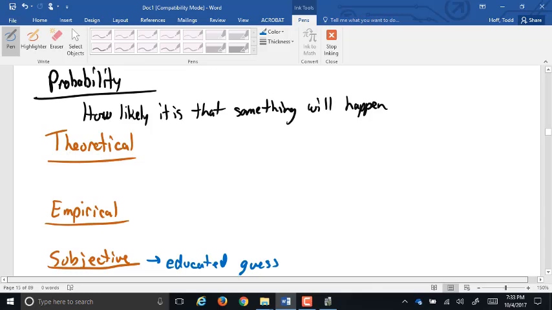Now, I don't want to get too far into gambling, but gambling is one of your better applications of probability. When they give you the over-under for football games or the odds on a horse race, those are based on probabilities, but they are educated guesses. Nobody knows that the chances of this horse winning the race is only 10%.